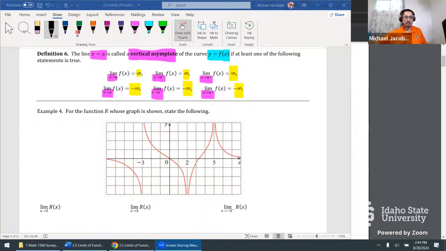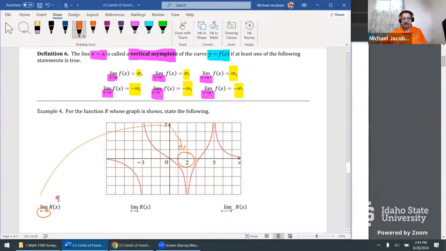So here's how I would think about this one. Starting off when you read the problem, if it says x approaches 2, that means you come over here and you're interested in when x coordinate itself is 2. Now, this is a double-sided limit. There's no pluses or minuses around that 2. So we have to have behavior that matches on both the left side and the right side. But looking at the curve, yeah, it's just plummeting down to negative infinity on both sides.